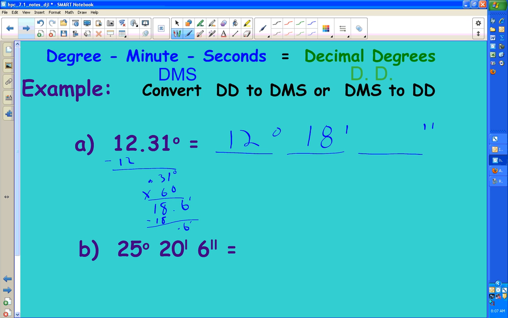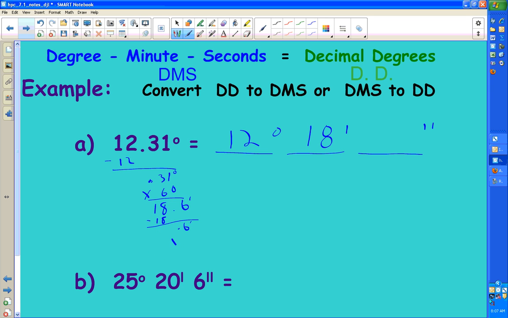We want to turn the 0.6 minutes into seconds. How do we change a minute into seconds? Multiply by 60 again. And 60 times 0.6 is 36. So 36 seconds. 12 degrees, 18 minutes, 36 seconds.